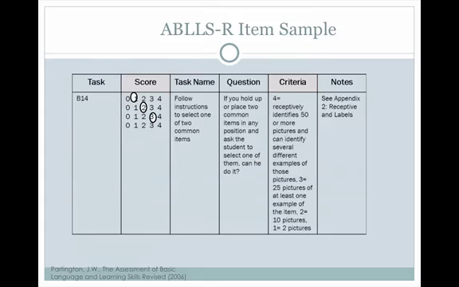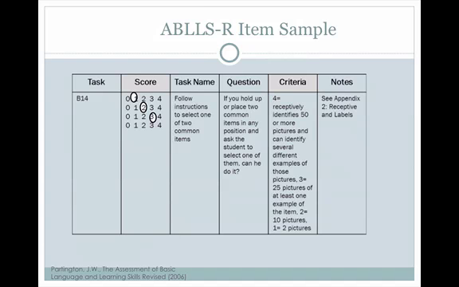This is an example of task B14, following instructions to select one of two common items. And the question you would ask is, if you hold up or place two common items in any position and ask the student to select one of them, can he do it? And you'll notice under criteria in the ABLS that the scoring goes from a 1 to a 4.